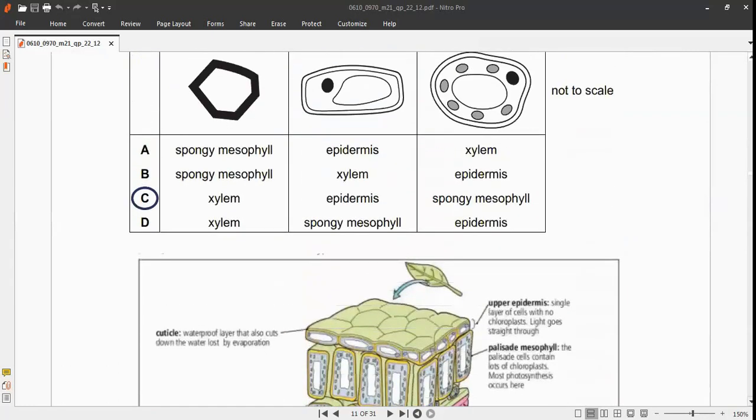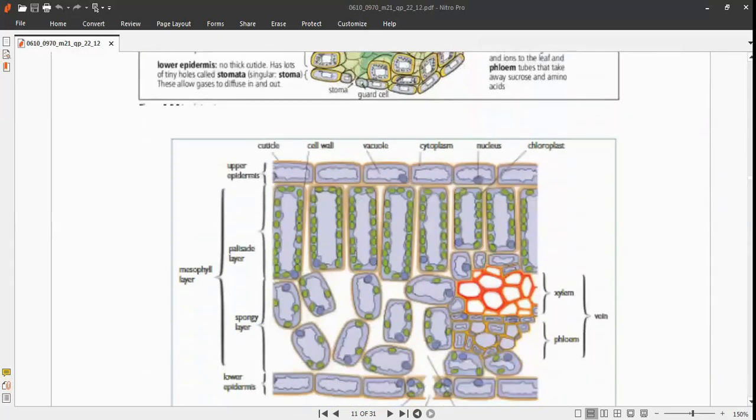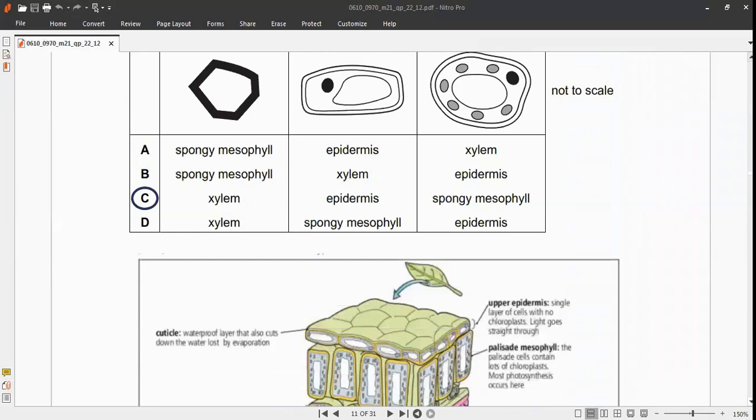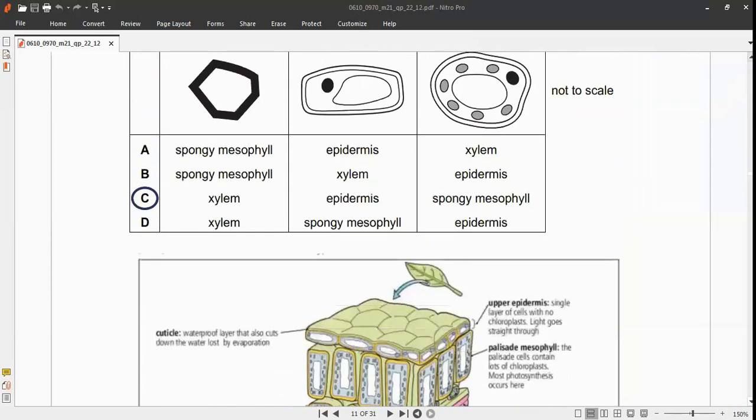Yes, this is xylem. So the first one, xylem. What about the second one? Let's see. Okay, the second one is upper epidermis. So the second one, epidermis.